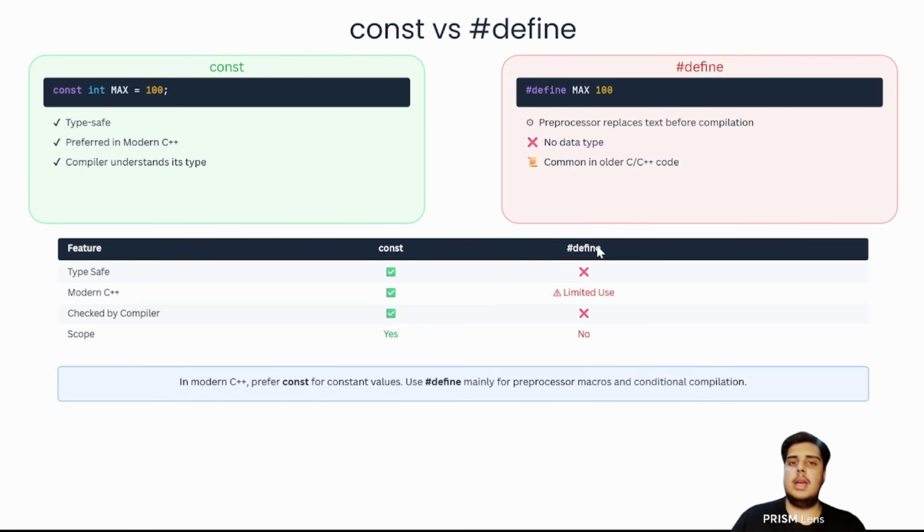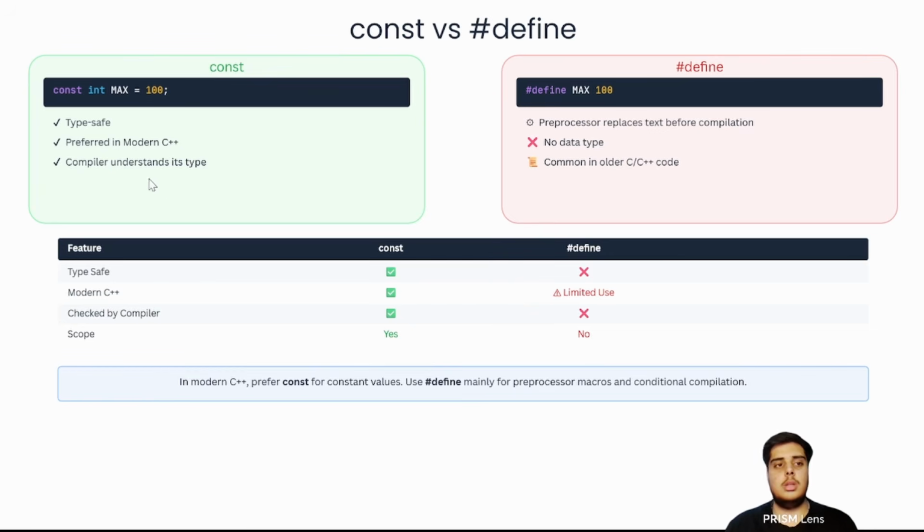Const versus #define. const int max = 100 and #define max 100. What's the difference? #define is a preprocessor directive and it replaces text before compilation. It uses no data type and it's common in older C and C++ code.